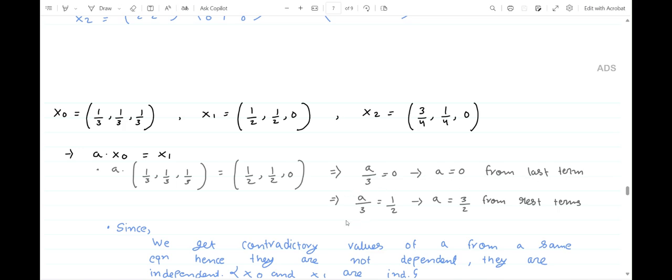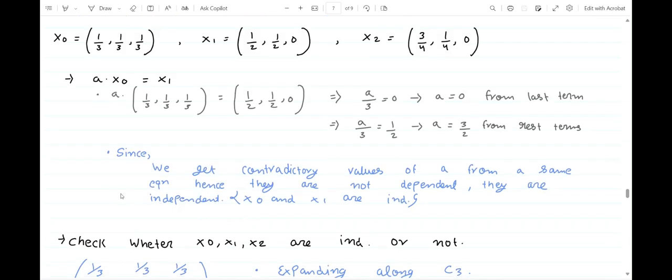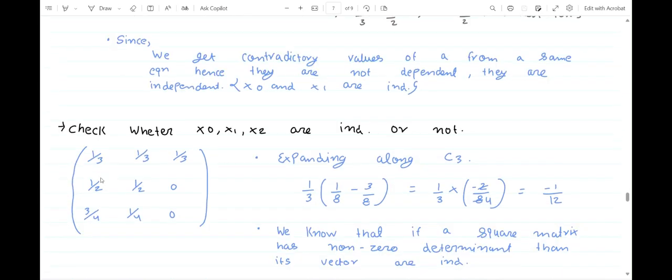If we look at the first term, which is a/3 equals 1/2, and we solve this, we get a equal to 3/2. Since we get contradictory values of a from the same equation, they are not dependent, they are independent, meaning that x naught and x1 are independent. So option 1 is false, and option 2 is correct.